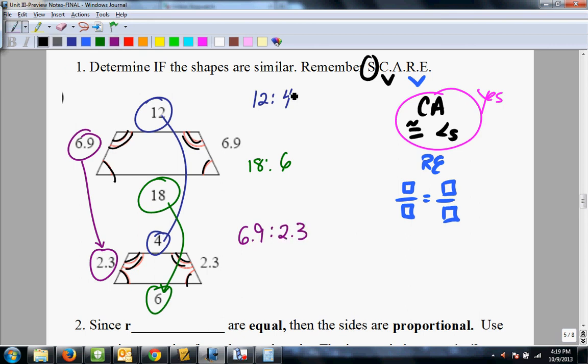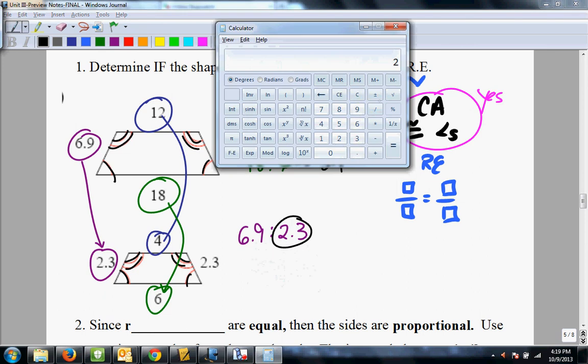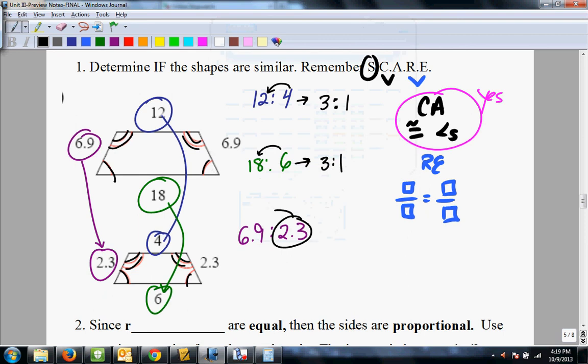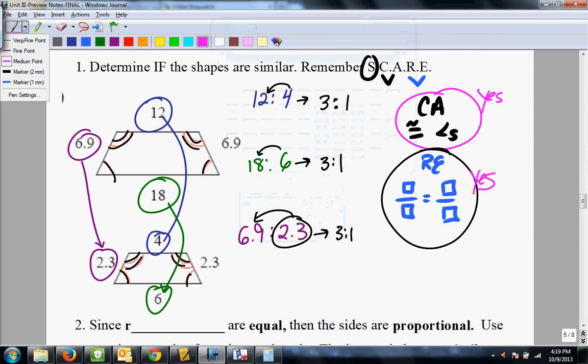Let's check our ratios. 4 goes into 12 3 times, so this reduces to a 3 to 1 ratio. 6 goes into 18 3 times, so this reduces to a 3 to 1 ratio. 2.3 times 3 does equal 6.9. So this is a 3 to 1 ratio. So yes, our ratios are equal. So we would say these shapes must be similar. There's our similarity sign.